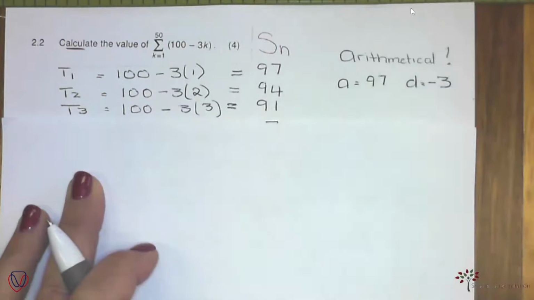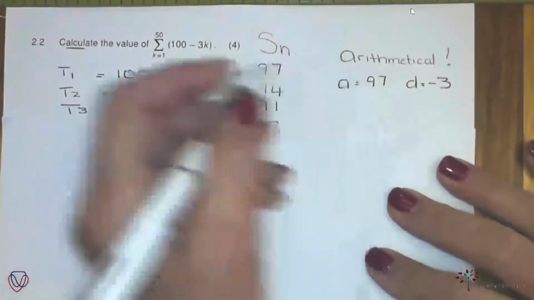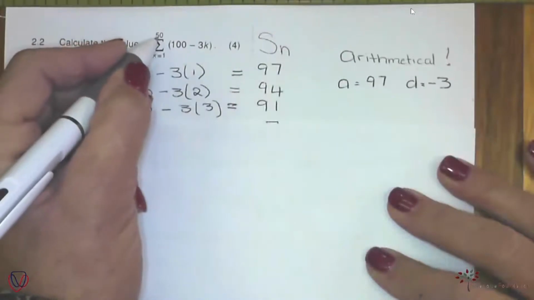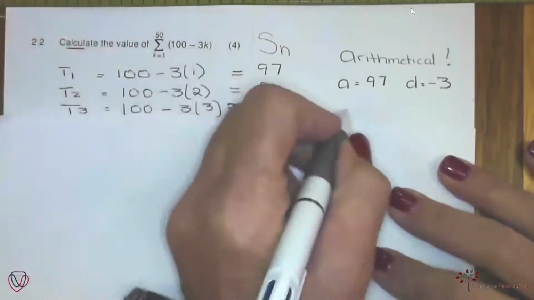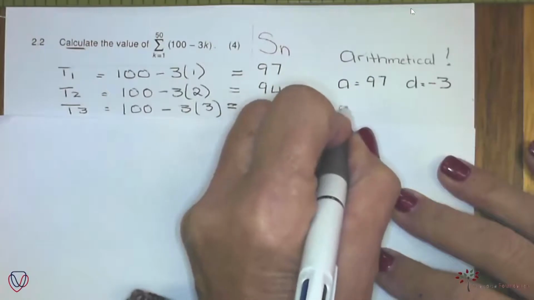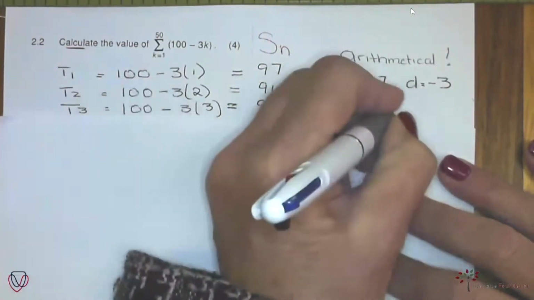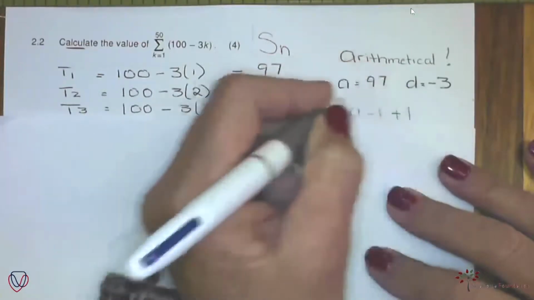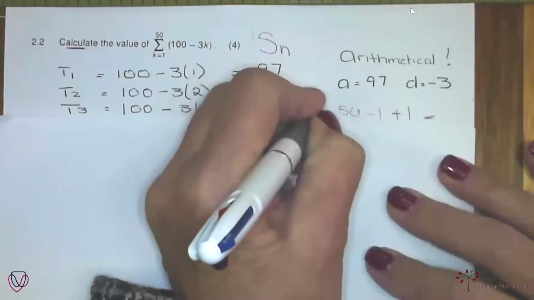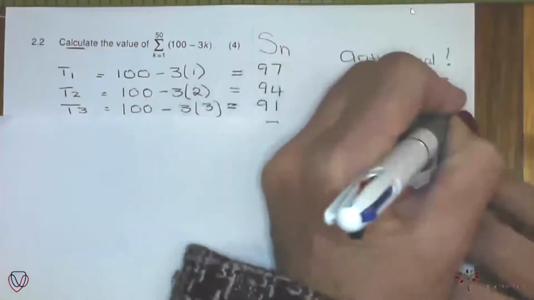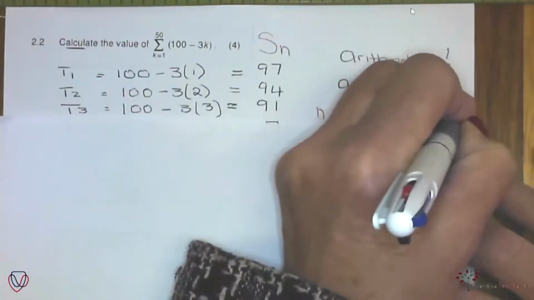Okay. So now you have A, you have D, and you have N. What is N? In this case, it's 50. People, it's always the number on top minus the number at the bottom plus 1. And your N, in this case, is going to be 50.